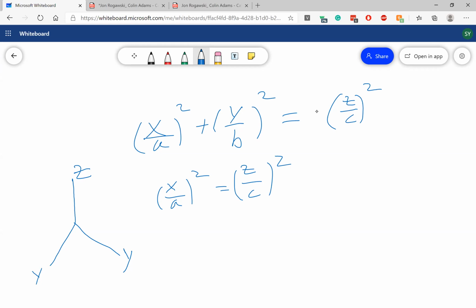So we get that cx is equal to za, and this is a line. In the z direction, you're going to have a c over a slope. This is when y is equal to 0, so it's a line that looks like this.